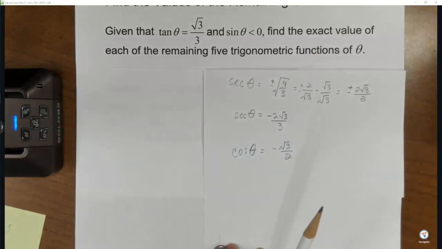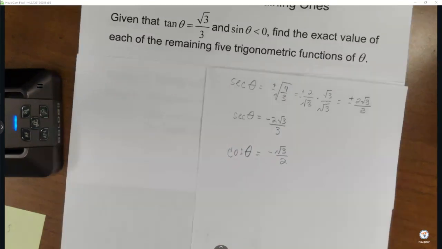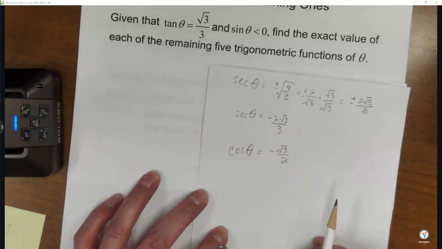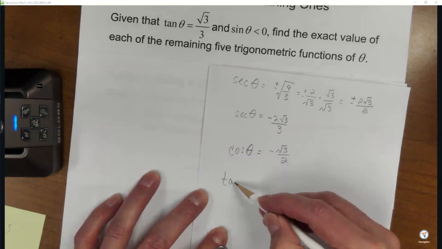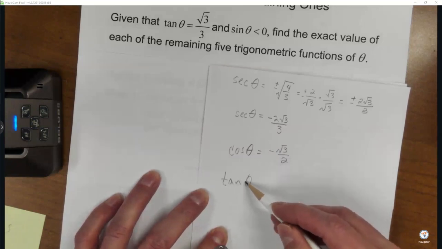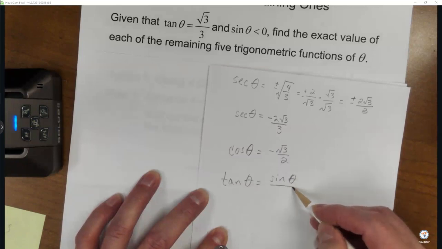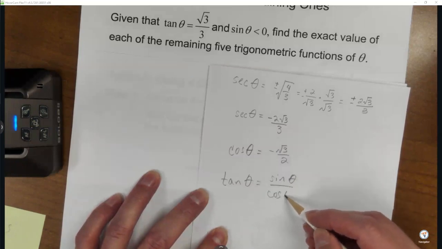So now we have the tangent, the secant, and the cosine. Of course, we want to get the sine and the cosecant. Okay, let's continue with something that can help us find the sine of theta. So we look at our identities, we can see that a tangent of theta is equal to a sine of theta over a cosine of theta.